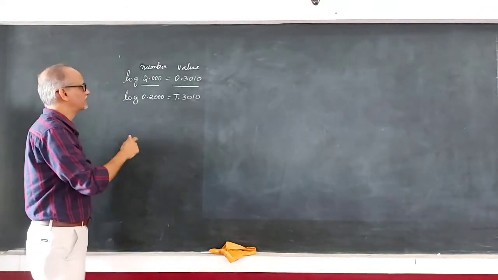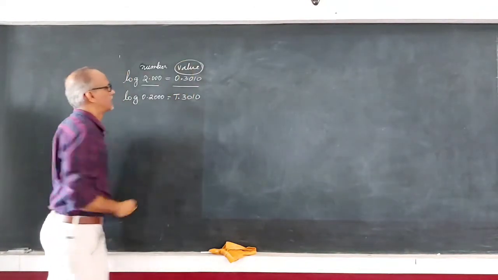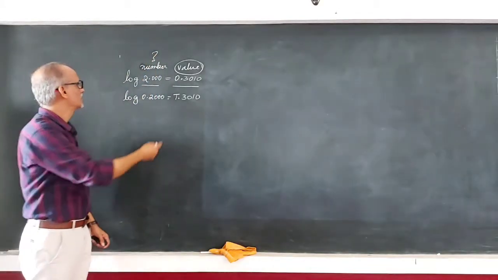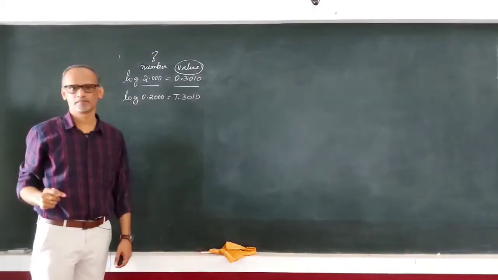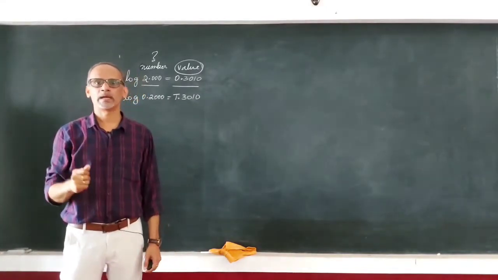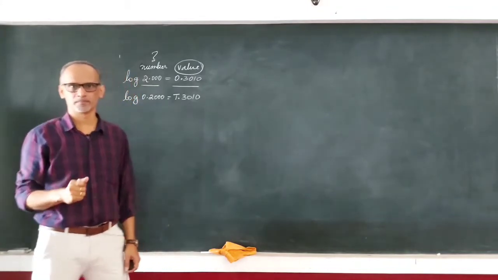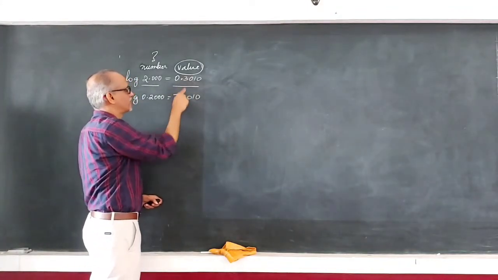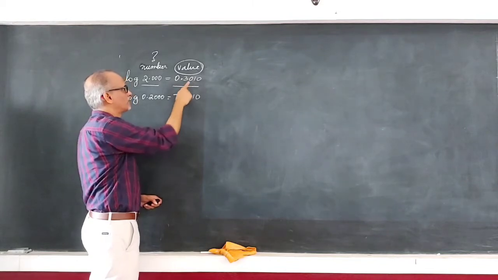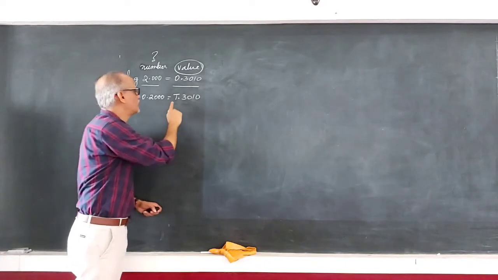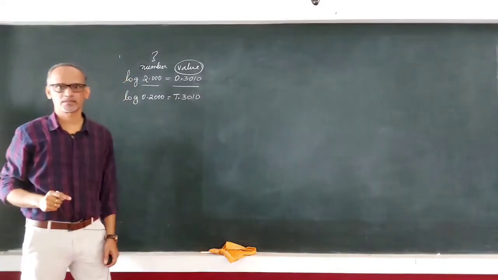Now, if you are given the value, then how to find the number? This is the reverse of the logarithm, which is called anti-logarithm. While finding the anti-logarithm, we come across two types of values. One, a value having positive characteristic, and the other, a value having negative characteristic.